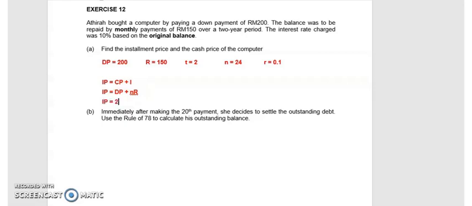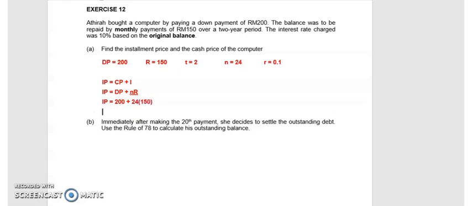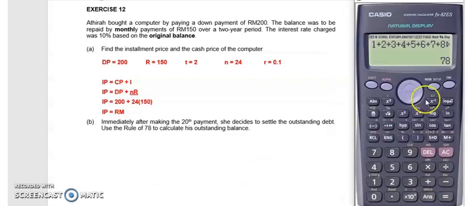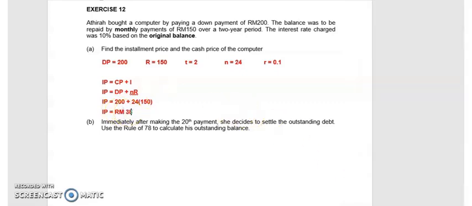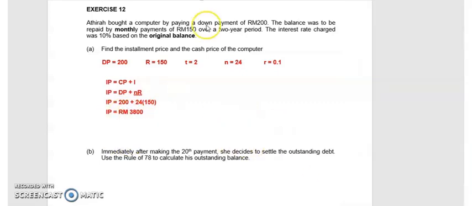So DP 200 ringgit plus N is 24, R is 150. So IP equal to 200 plus 24 multiplied by 150. 3,800.